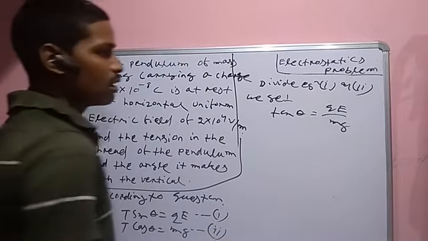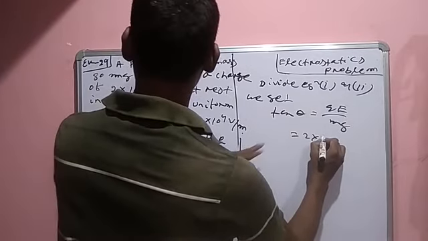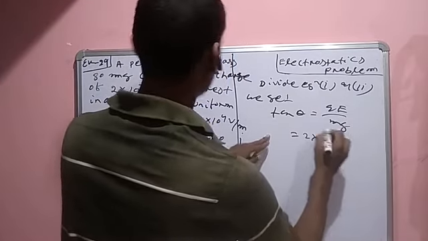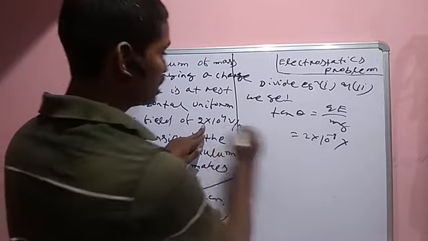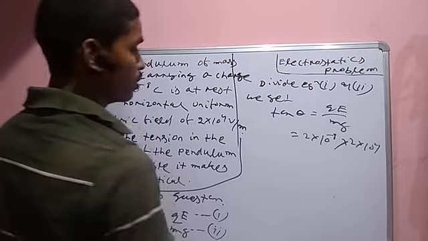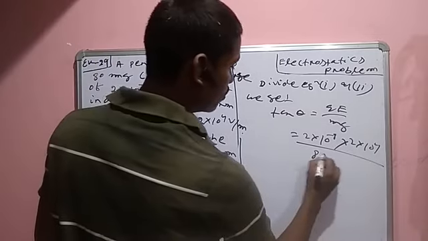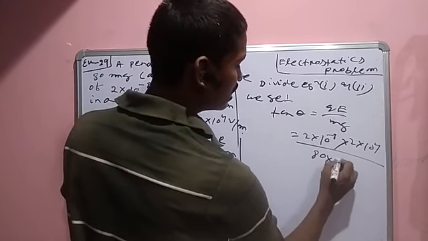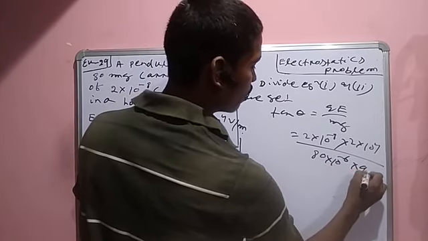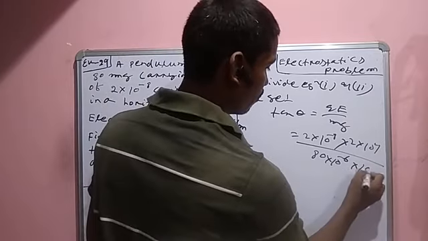Q is 2 into 10 to the power minus 8, E is 2 into 10 to the power 4, divided by mg. Mg is 80 milligram into 10 to the minus 6 kg into 9.8, or negligibly we can write 10.